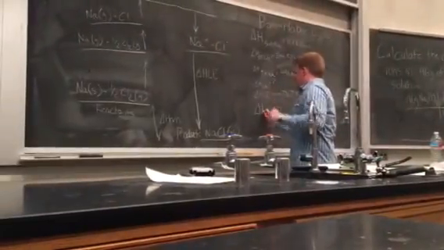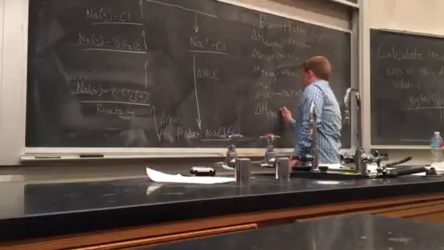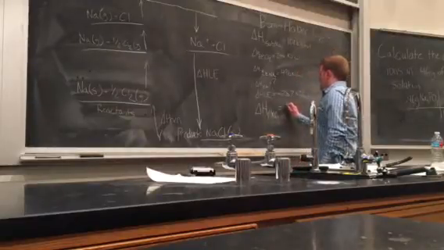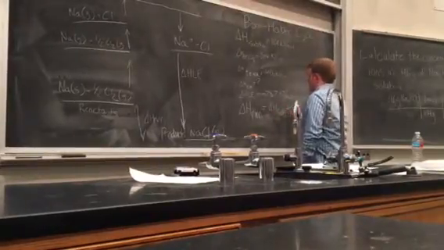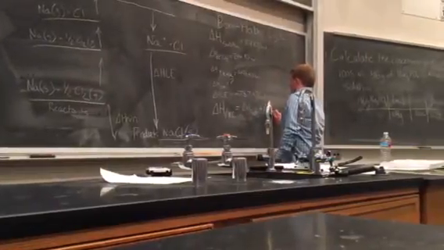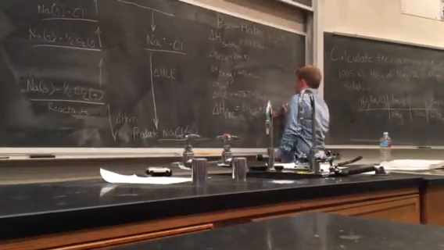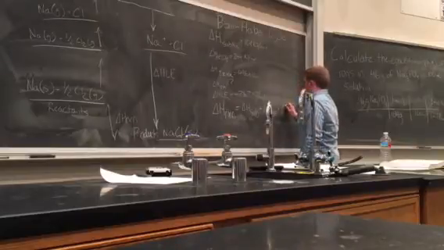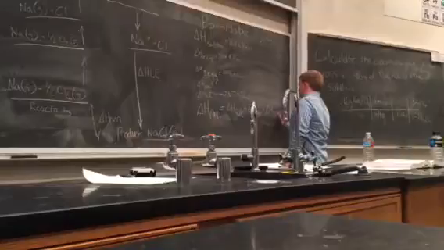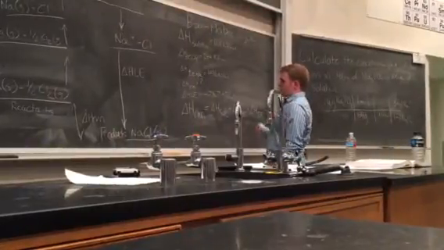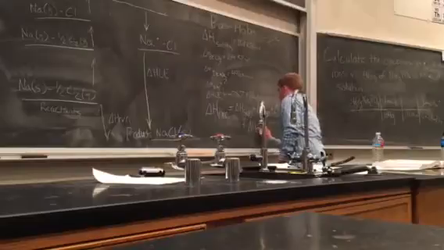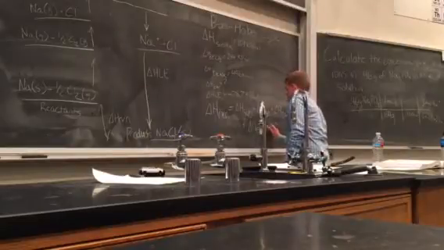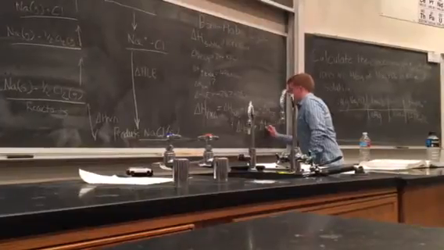So you have delta H of reaction is equal to the delta H of sublimation plus the delta H of the bond energies plus the delta H of ionization energy plus the delta H of the electron affinity. We're going to explain what each of these mean in just a second. And delta H of the lattice energy.